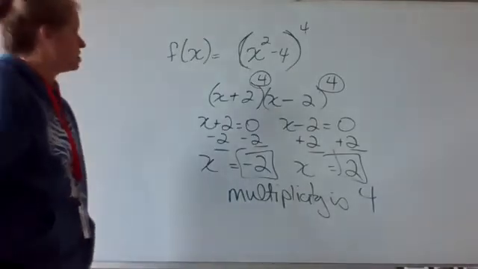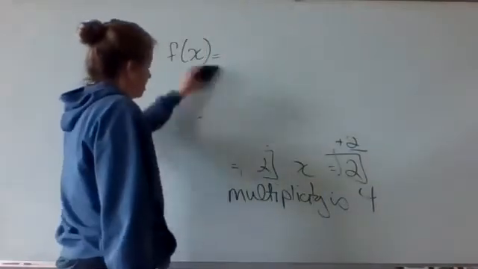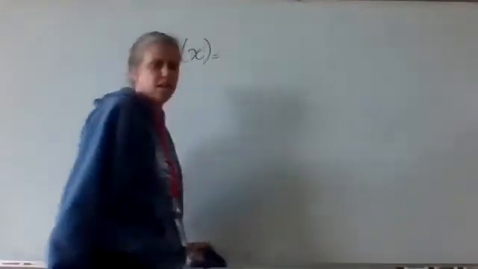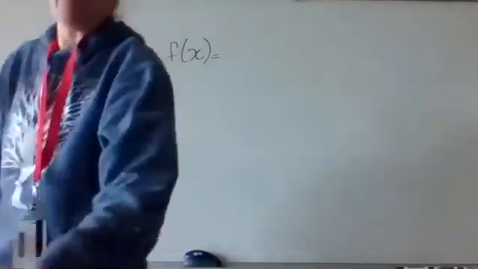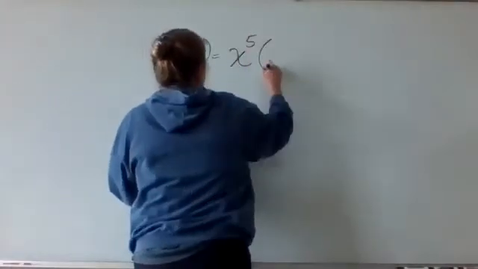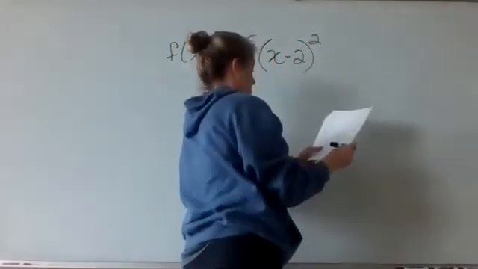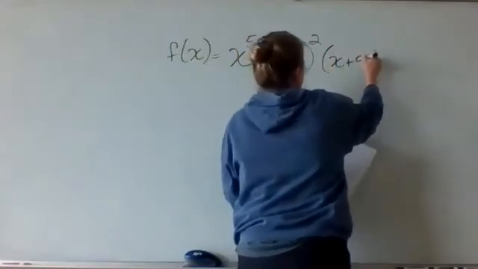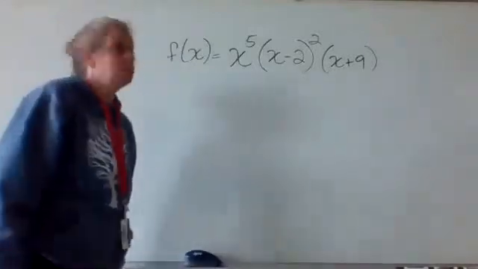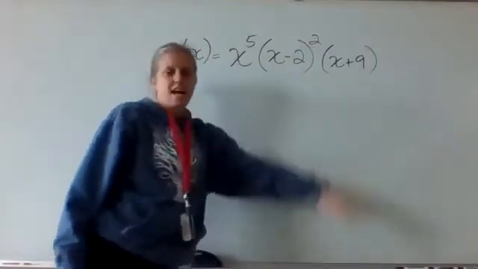All right, number 7. Again, you can tell whether or not it's factored. If what's in parentheses has an exponent on the x, that means you need to do some factoring. But look at number 7. x to the 5th, x minus 2 squared, and x plus 9.